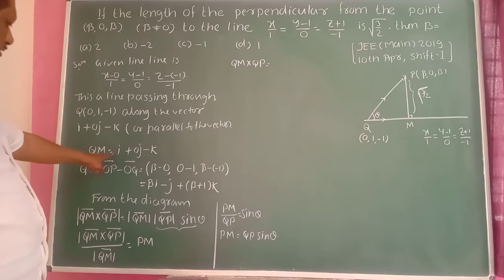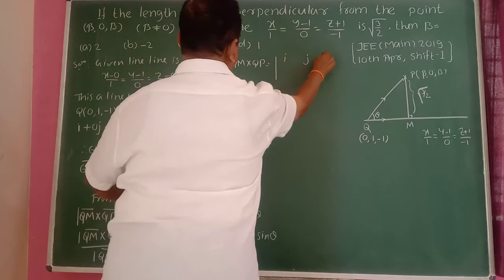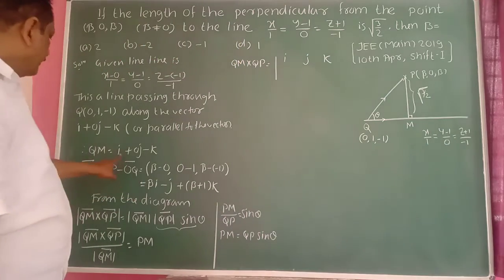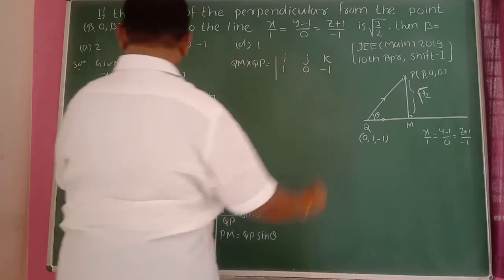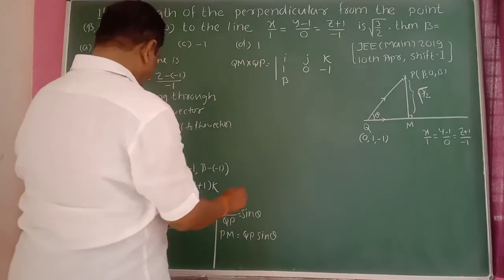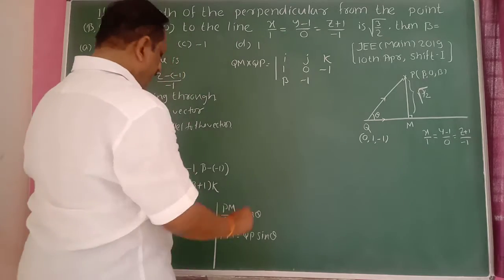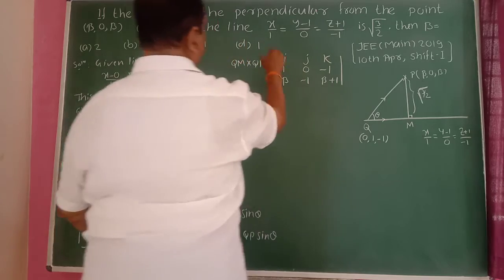QM is this one, QP is this one. Therefore, the determinant of i, j, k; QM is 1, 0, −1; and QP is β, −1, β + 1.